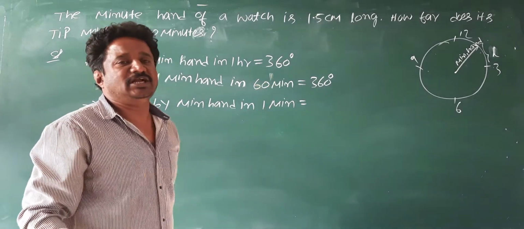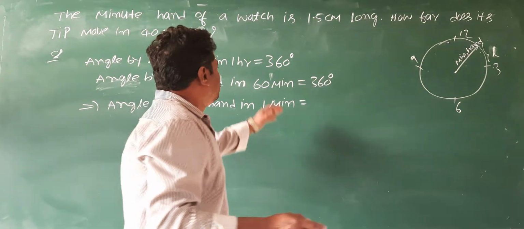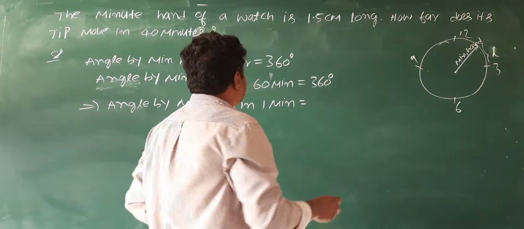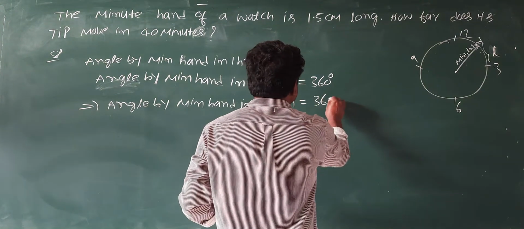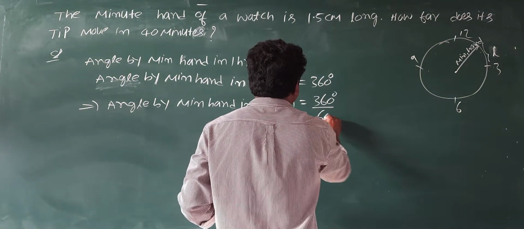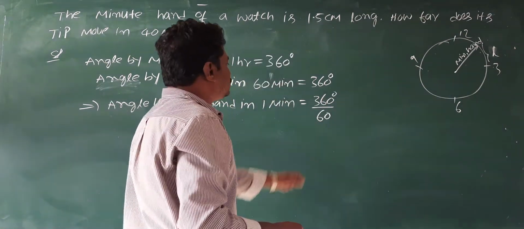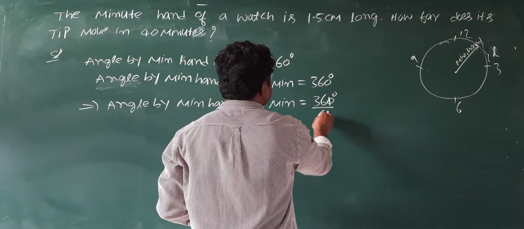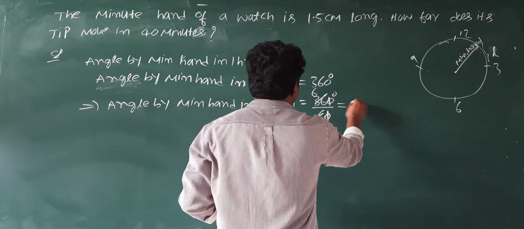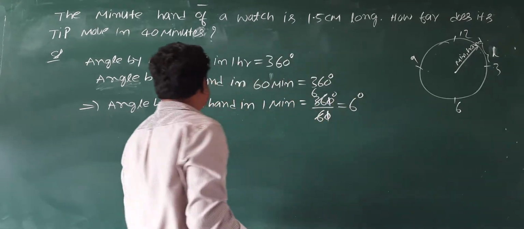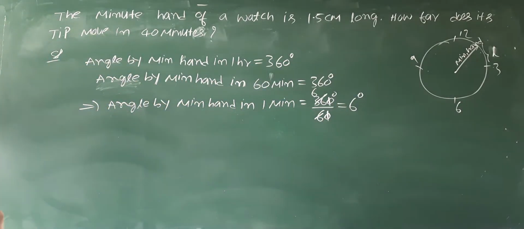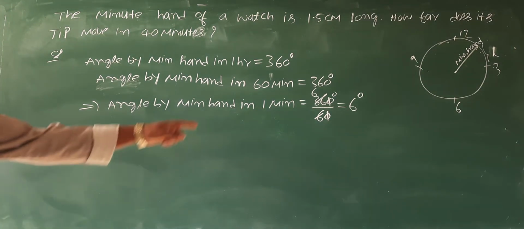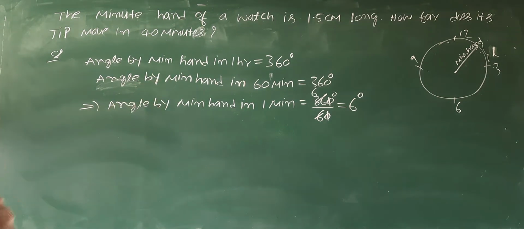Divide both sides by 60: 360 degrees by 60, the 0 cancels, 6 sixes are 6. So the minute hand generates 6 degrees in 1 minute.